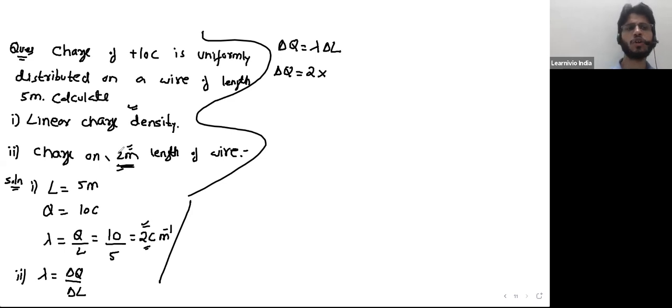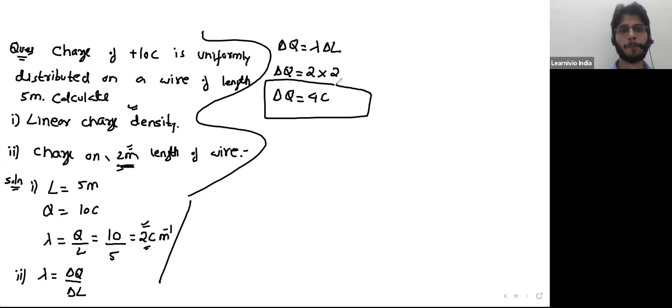The charge on 1 meter length is 2 coulomb, so the charge on 2 meter length should be 4 coulomb. So this is how we calculate charge.